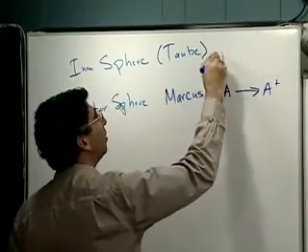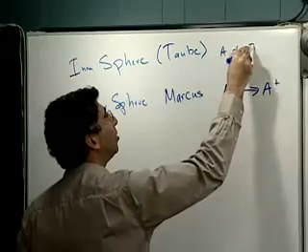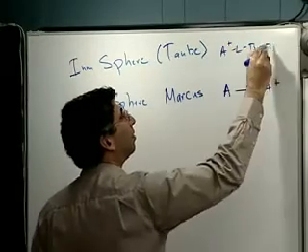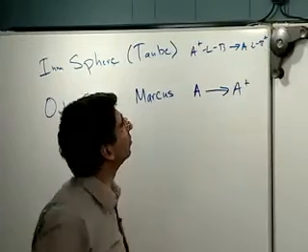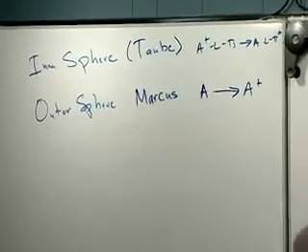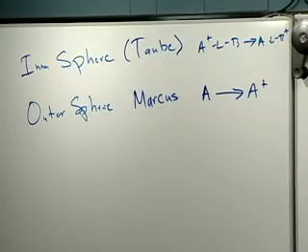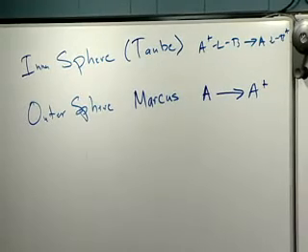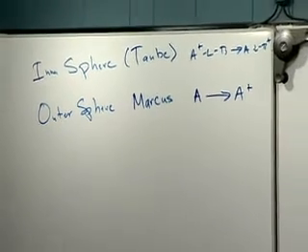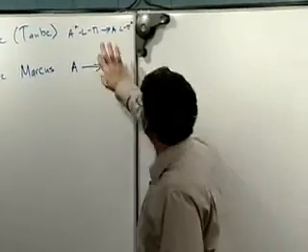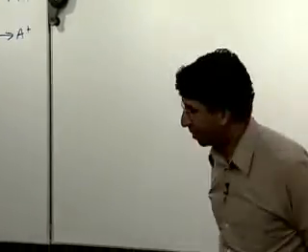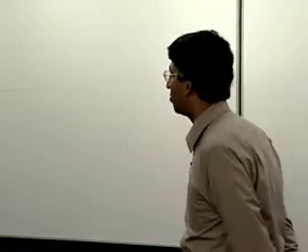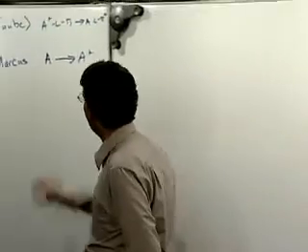And the inner sphere would involve some sort of a bridge, like that, where the electron somehow travels through the bridge to get to the other side. Taube certainly did look at both, but is well known for finding this particular mechanism. And Marcus is well known for teaching us how to understand this particular mechanism.